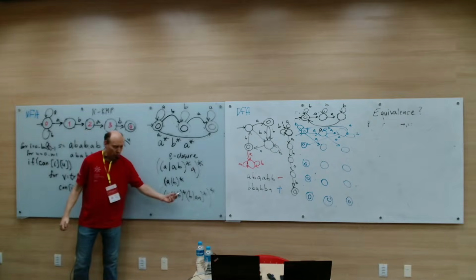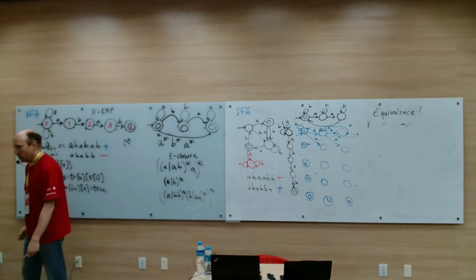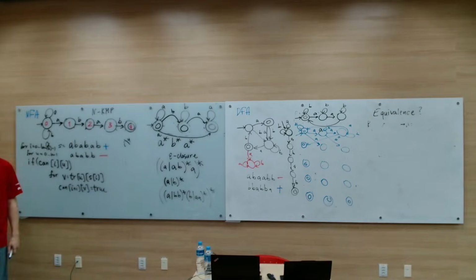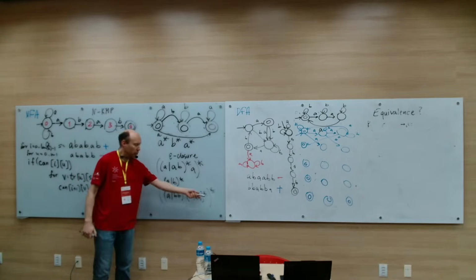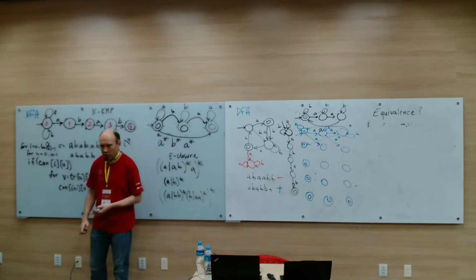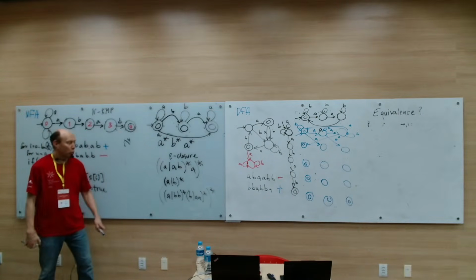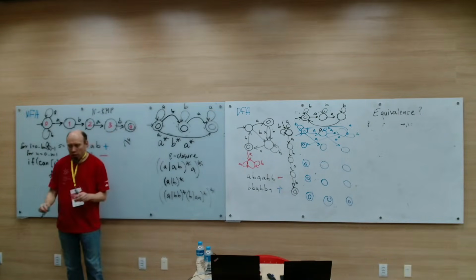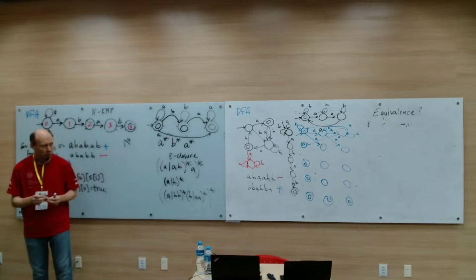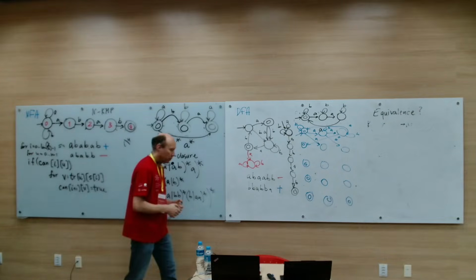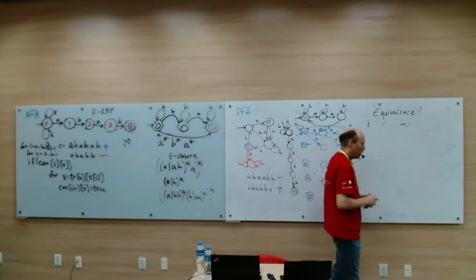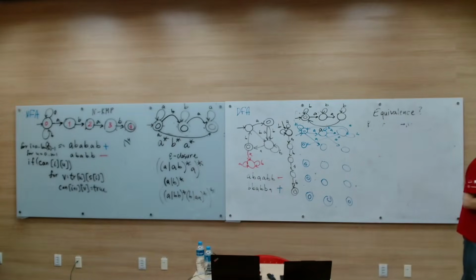At first sight, it looks like there should be patterns of odd or even numbers of A's or B's, but actually no. Star can evaluate to 0 repetitions, so you can take A's from here, B's from here, and connect them in any order, and you will get any string, and also in multiple ways. So checking equivalence of regular expressions is non-trivial to do on the expressions themselves.